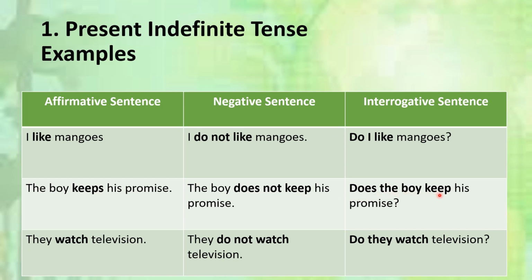Does the boy keep his promise? Similarly, in interrogative sentence, we also do not add s or es with the first form of the verb. They watch television. They do not watch television. Do they watch television?